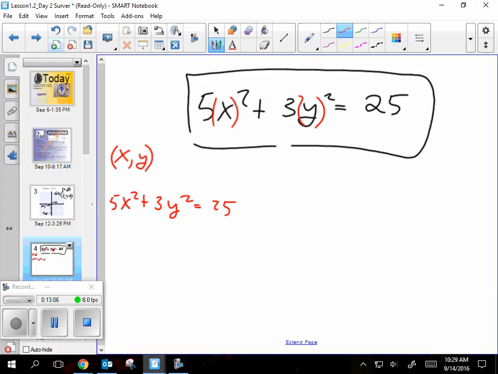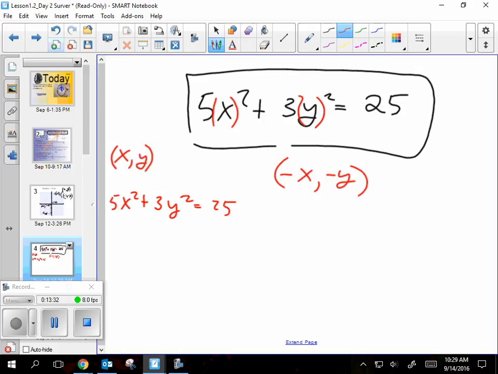What's that rule we just did a second ago called origin symmetry? What's the rule for that again? Negative x and negative y. Take a guess what I'm going to want you to do then. Stick in negative x and negative y into your equation.